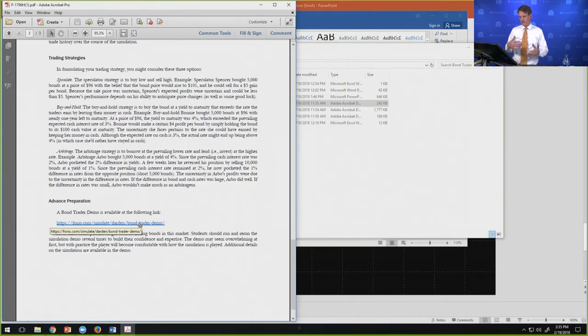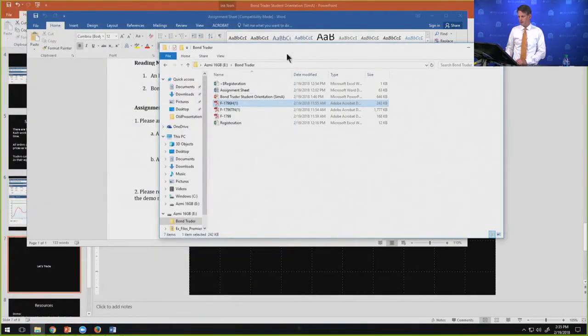That demo is not competitive, right? The prices don't change based on their input, but it gives them an opportunity to see prices vary over time and to make trading decisions based on that. So that's designed to get them ready to go when the simulation is there.